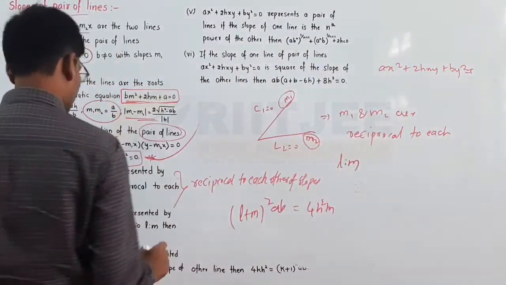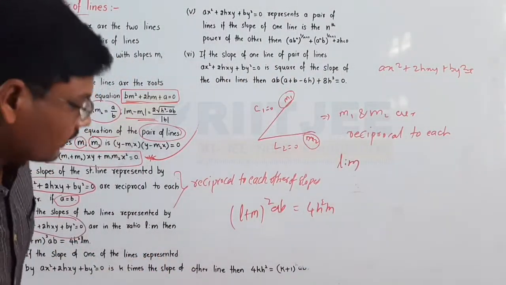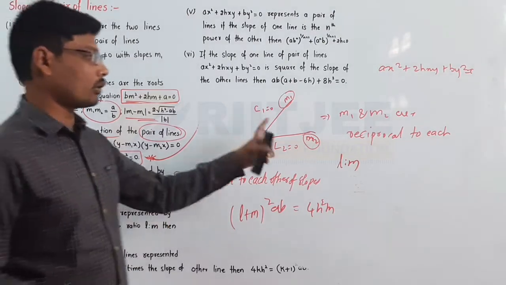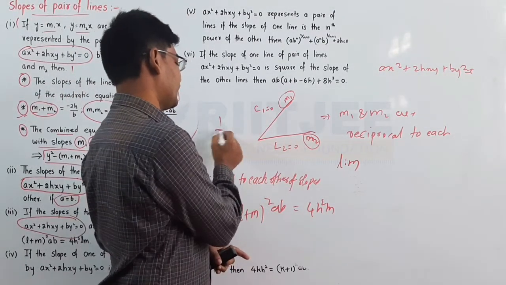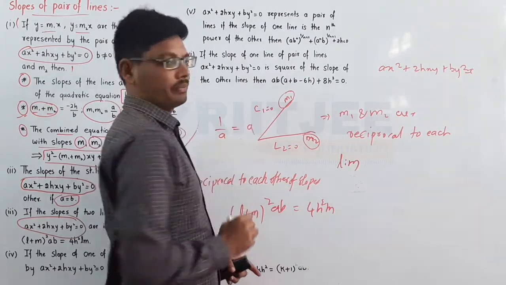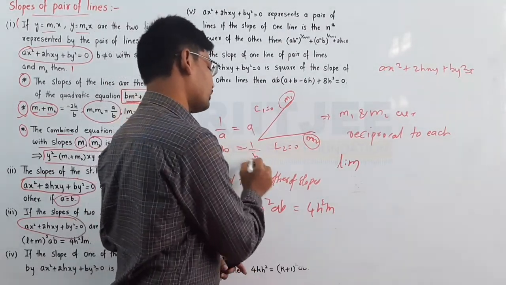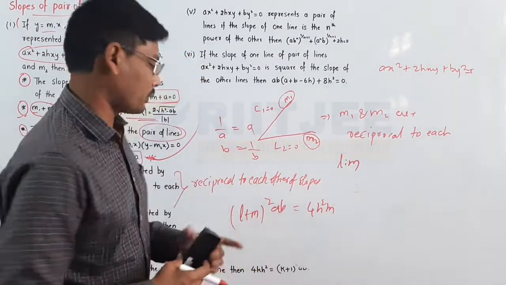Understand this point very carefully here. So in the last part, if two slopes are reciprocal to each other, for example, one is a and the other is 1 by a, or if one is V, then the other slope is 1 by V. This is nothing but reciprocal.